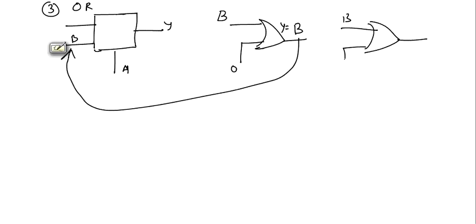Again we'll give B, and the other input is 1. And we know that in an OR gate, if any input is 1, then the output will always be equal to 1.